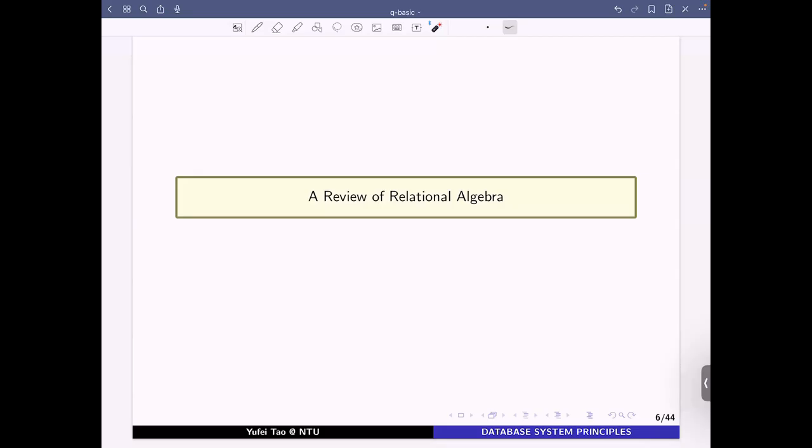So I think it would make sense to go through it quickly. And some of the terms that we will be using or defining during the discussion would also be useful when we talk about algorithms for relational algebra operators.